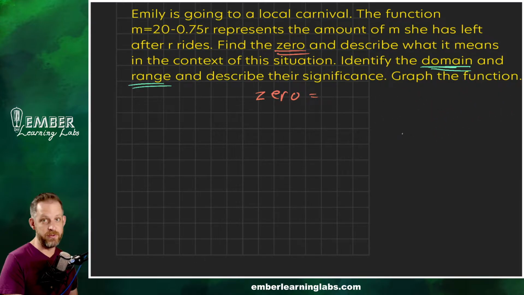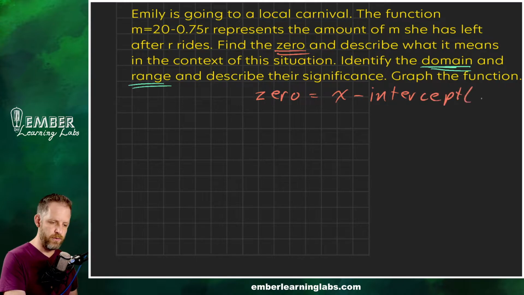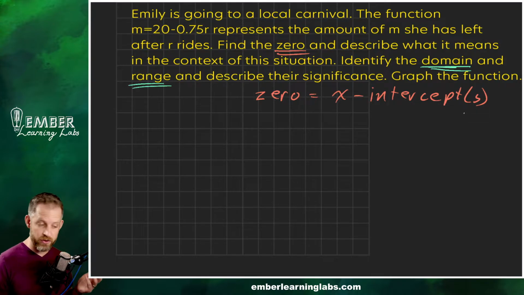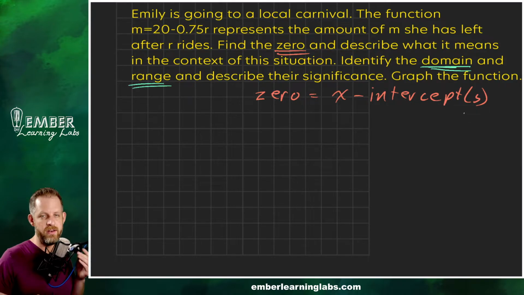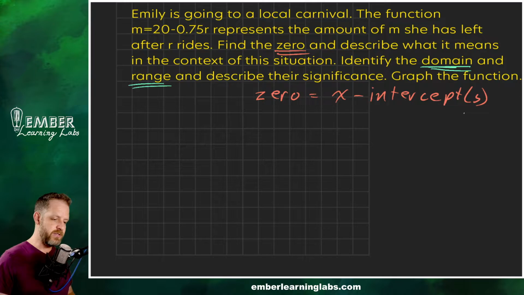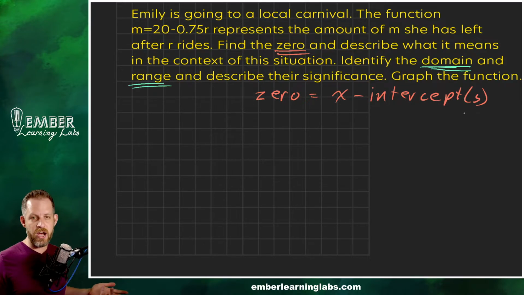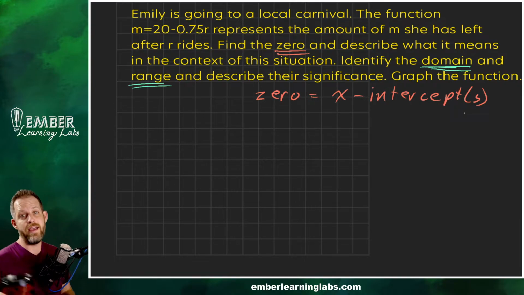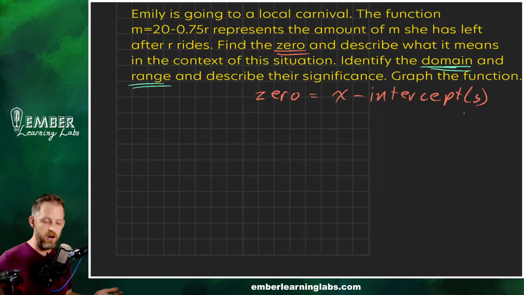So there's not multiple, though sometimes in other functions there's more than one. So there might be one or there might be more than one, in parentheses. In this context, there's one for linear functions. So it's the same as that. That's all we're talking about. When we're asked to find zeros, we're asked to find the x-intercepts, and that's all there is to it.